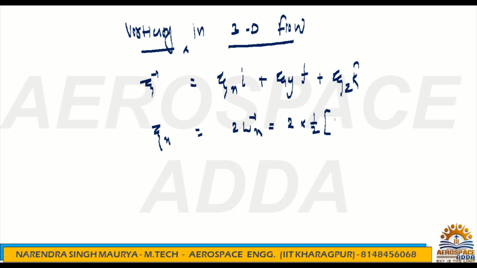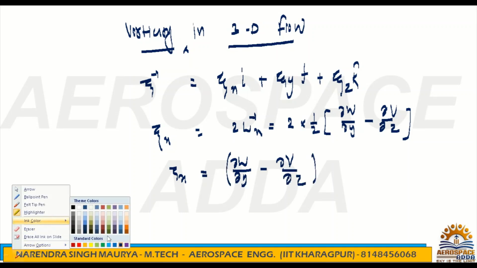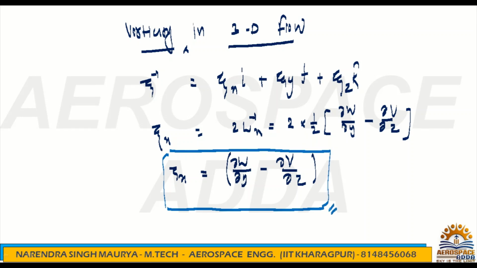So 2 into 1 by 2, omega x is nothing but dou w by dou y minus dou v by dou z. The 2s cancel out. This value is very important. I'll tell you the question in GATE they have asked, and how they have asked, I will show you here. This equation is very useful.